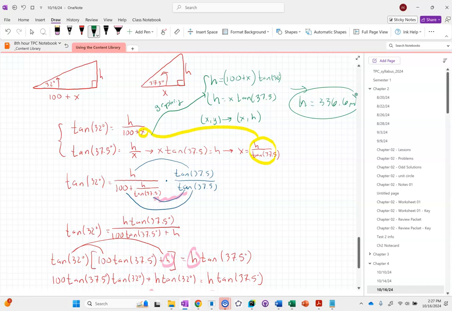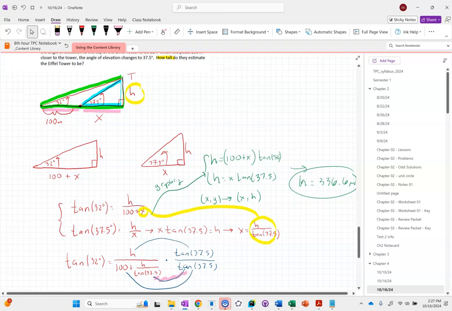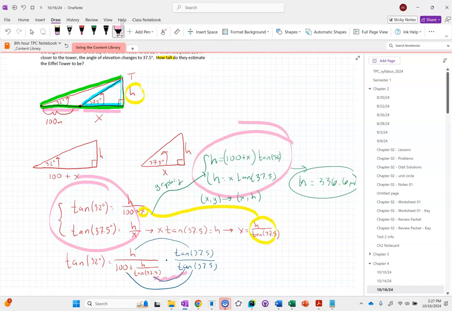The expectation would be that you give me your picture, you give me your system. You show me what went into the calculator. You show me a picture of what the calculator screen looked like when you graphed it. And then you can just write down your answer.